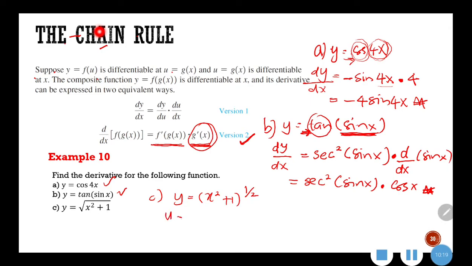So u is equals to apa? Yang dalam ni is equals to x square plus 1. So maksudnya kat sini you akan dapat y is equals to, everything you have to change to u, so u kuasa setengah, u power of half. So from here we have du over dx is equals to, differentiate, you will get 2x.